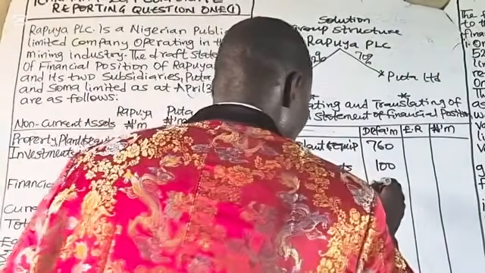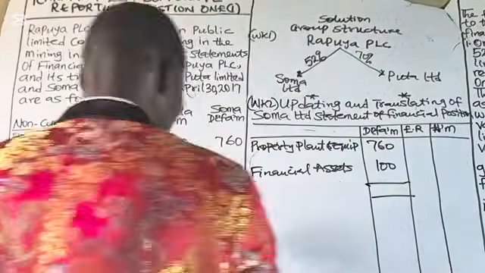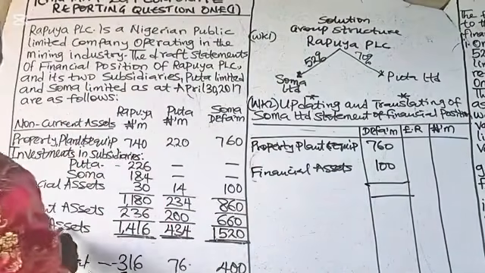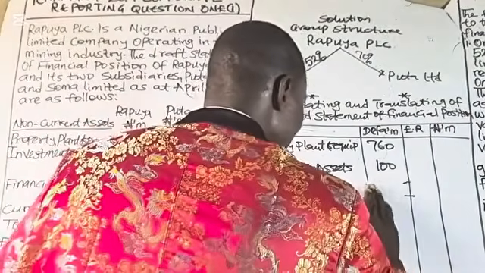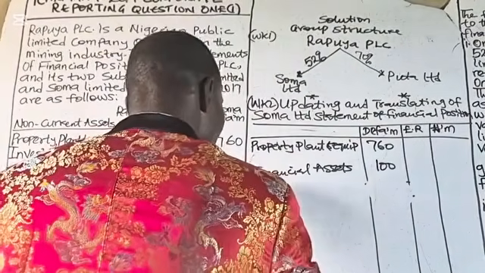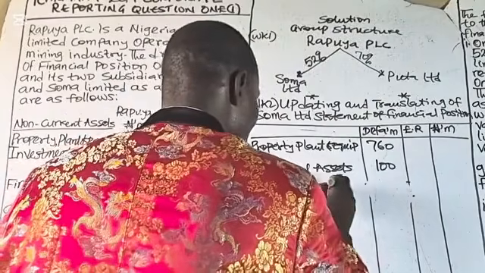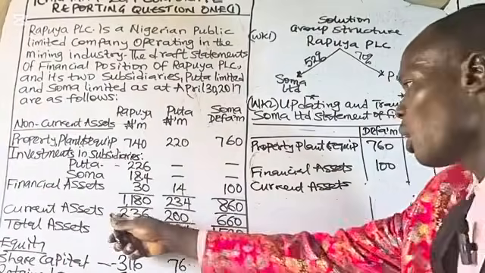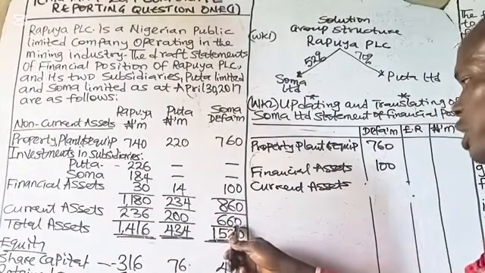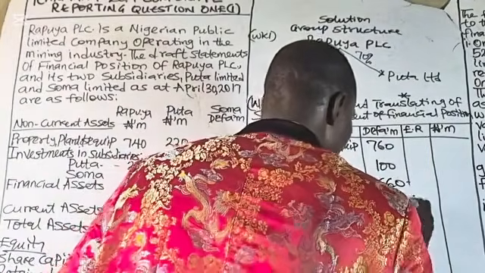Then you have total assets. Total, we have current assets. Current assets. The current assets of Soma Limited amounted to 660. We have 660 million.